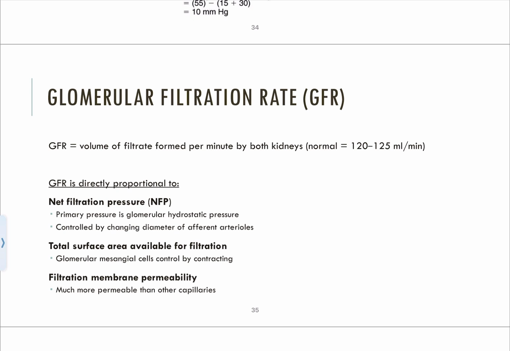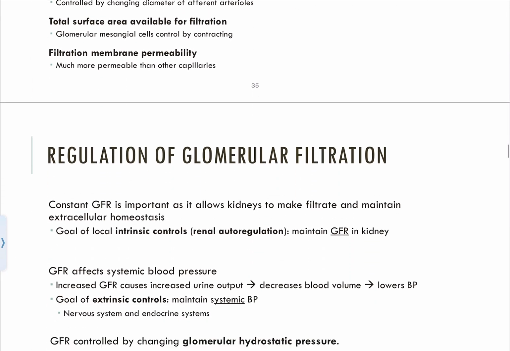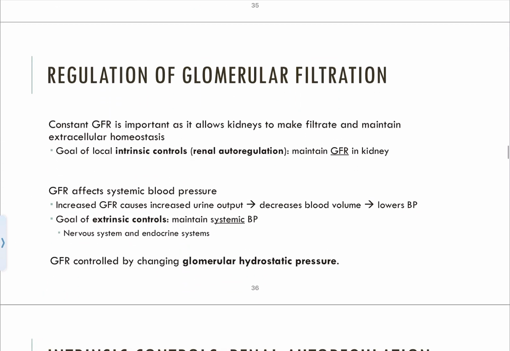Those glomerular capillaries have huge surface area, and our glomerular mesangial cells can control the surface area of these capillaries by contracting to adjust the total surface area needed for filtration. And our glomerular filtration rate is also directly proportional to the filtration membrane permeability, what it's actually allowing to go through.